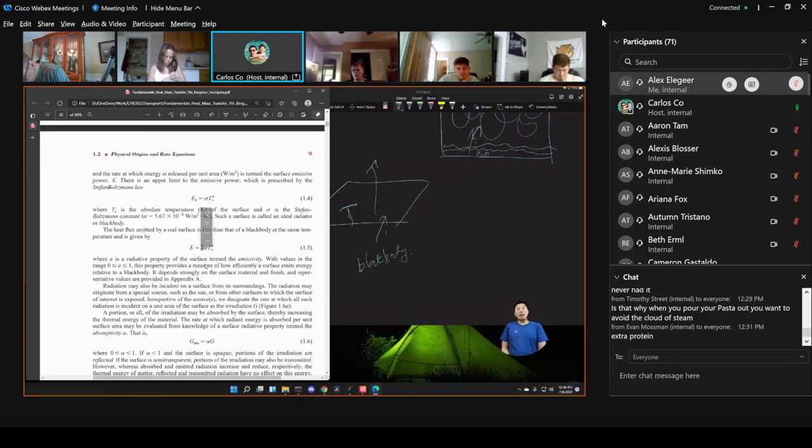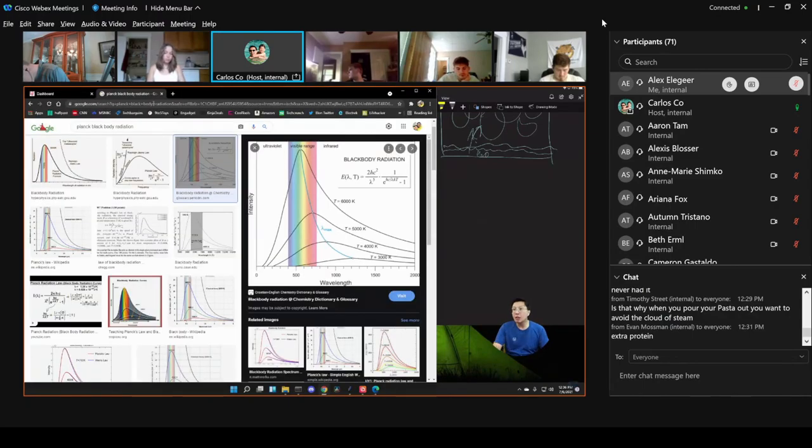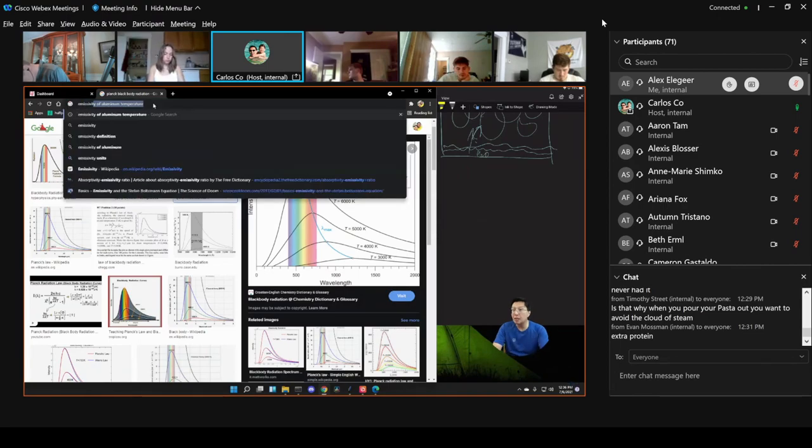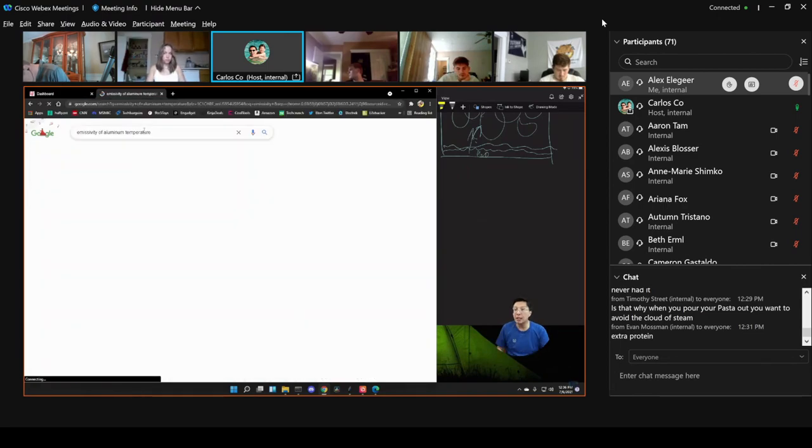Now, in reality, when you have this approximation where you use some value for the emissivity, let's look at typical values. Let's take a look at aluminum.